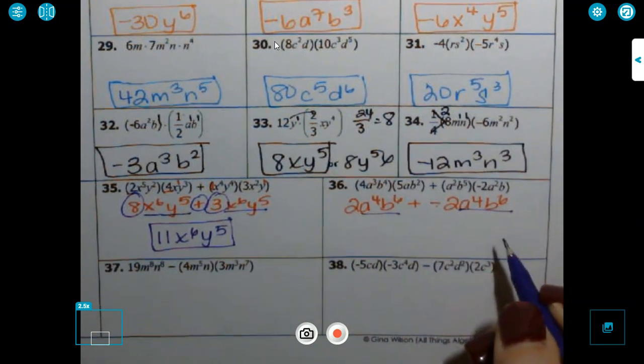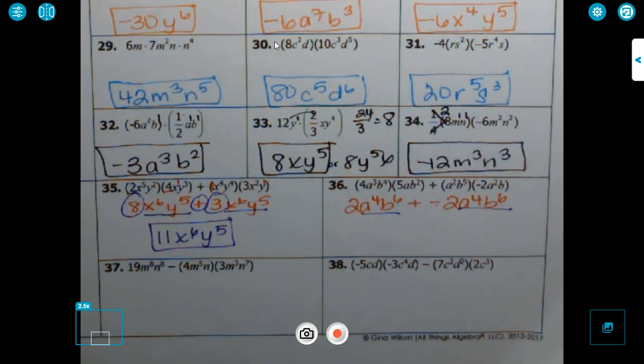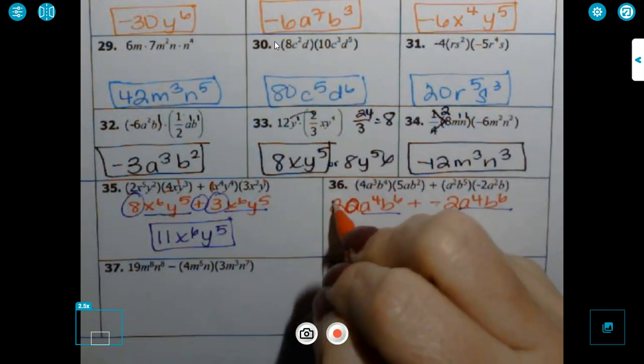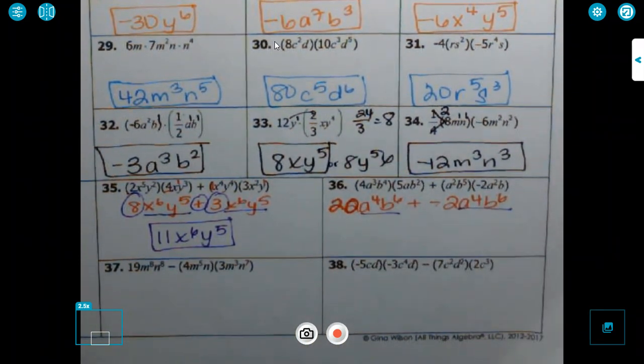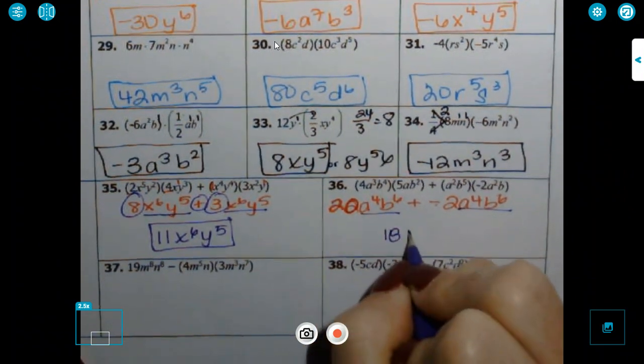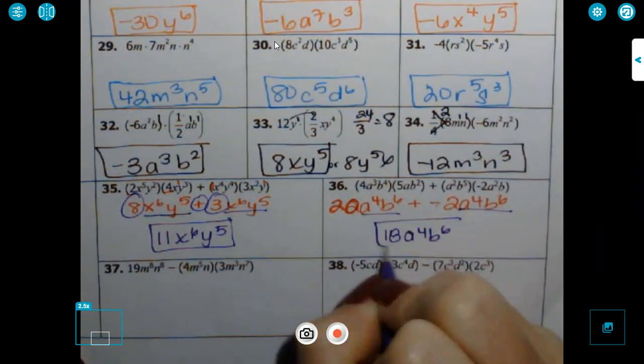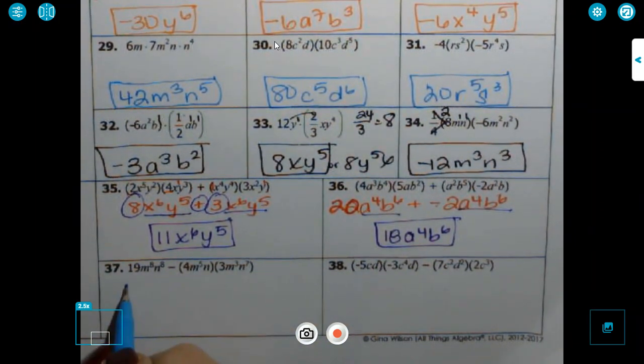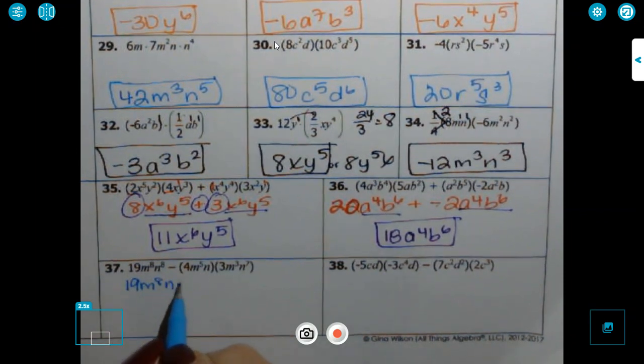So 2 plus -2, that's a 20, sorry. Forgot the 0. Okay, so 20 plus -2 is in fact going to give me 18, A4, B6. All right, so this one's going to stay the same.